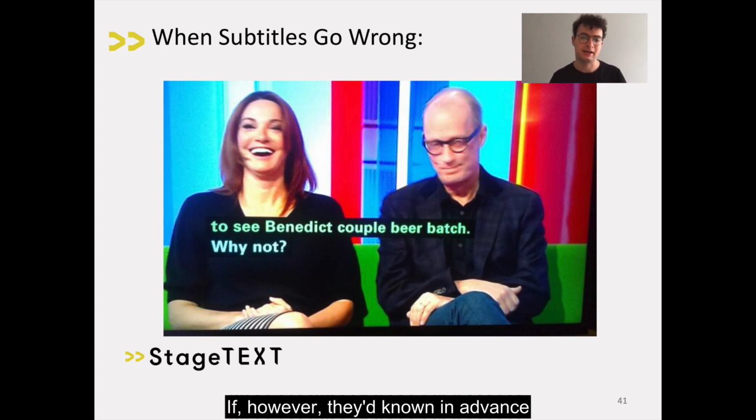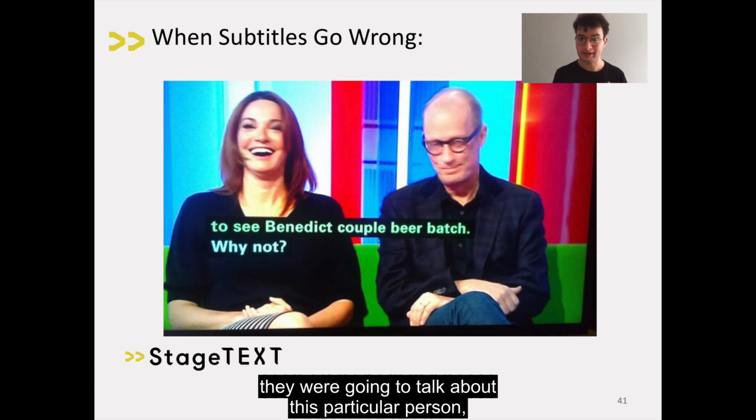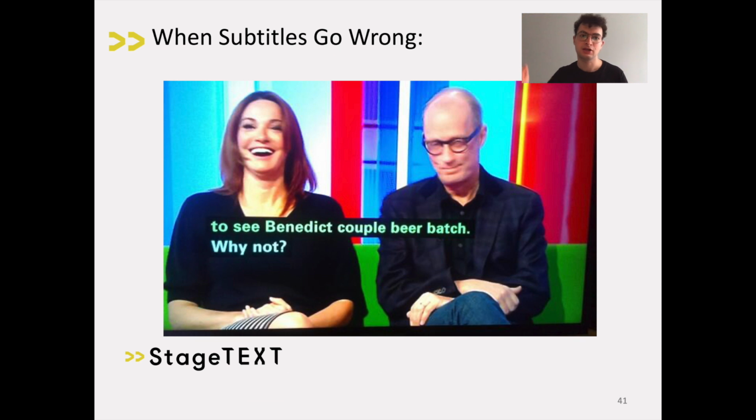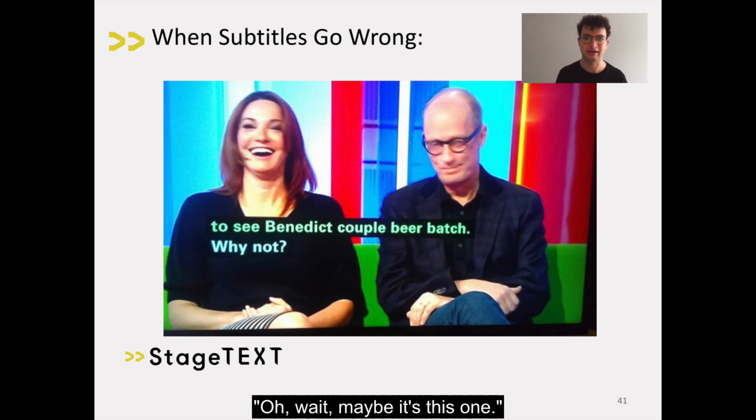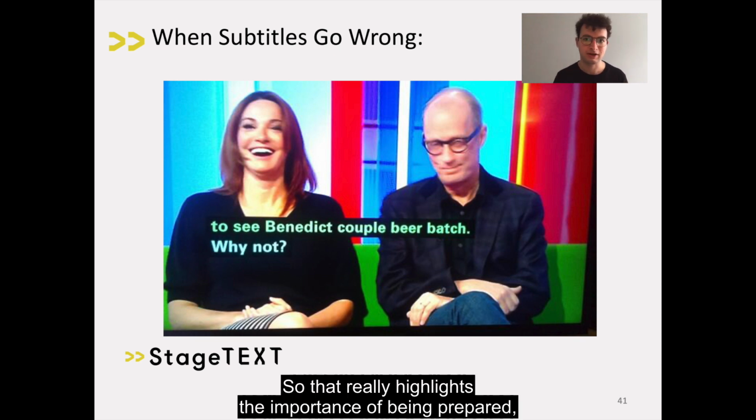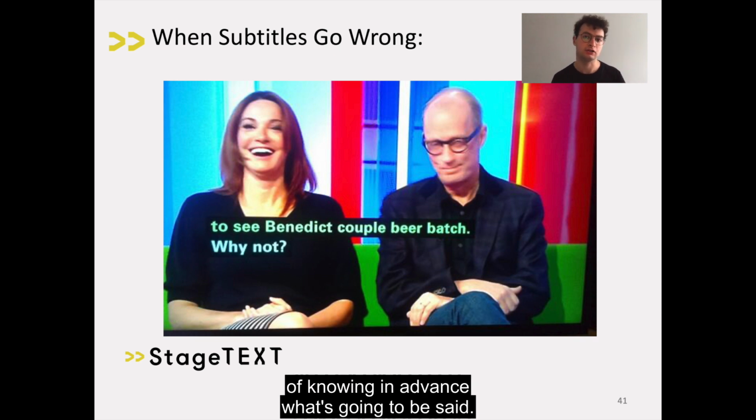If, however, they'd known in advance they were going to talk about this particular person, they could tell the software, and the software could put that higher on the list, so when it gets those sounds, it's more likely to think, oh wait, maybe it's this one. So that really highlights the importance of being prepared, of knowing in advance what's going to be said.